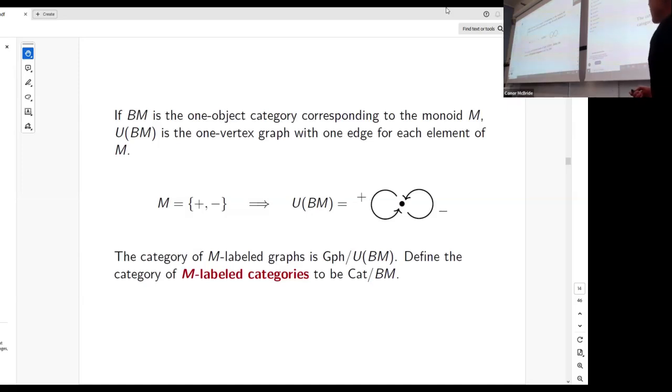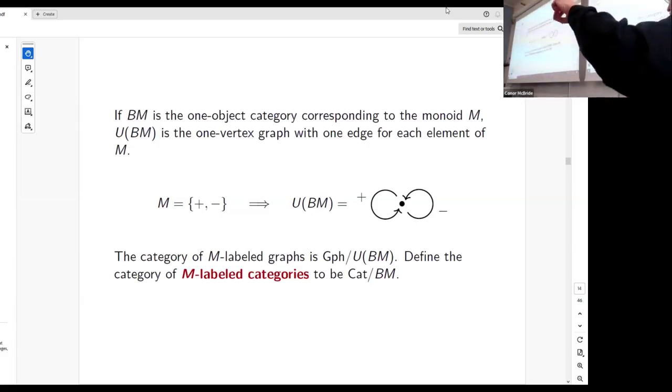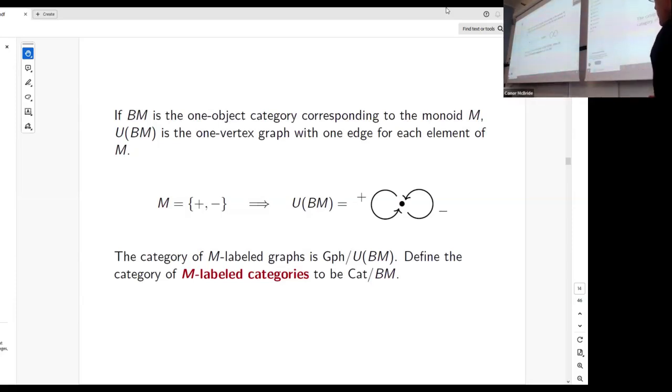And so if you have a monoid M, you get a category with just one object called B of M, where it has one object and then it has one morphism for each element of your monoid, and you can compose those morphisms by multiplying in your monoid. So that's a very popular way to get categories from monoids, but then you can also take the underlying graph of that one object category and you get a one vertex graph.